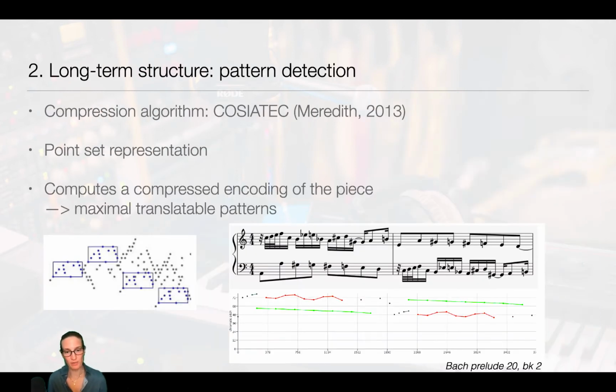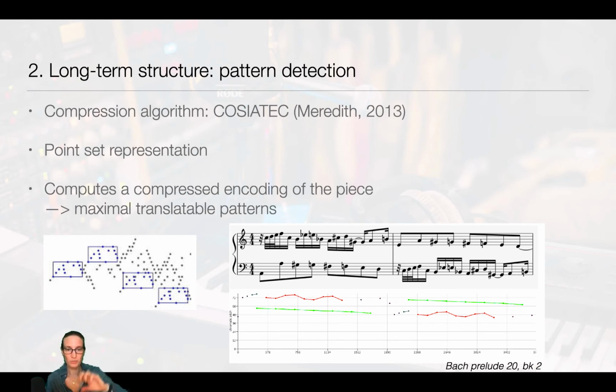Now that we have a way of measuring emotion in the form of tension, we also need a way of measuring how many patterns or long-term structure is in the piece. Now, we opted to use the SIA or COSIATEC algorithm by David Meredith. COSIATEC uses a point set representation whereby the y-axis is the pitch, the x-axis is the time, and it computes basically repetitions of the same pattern.